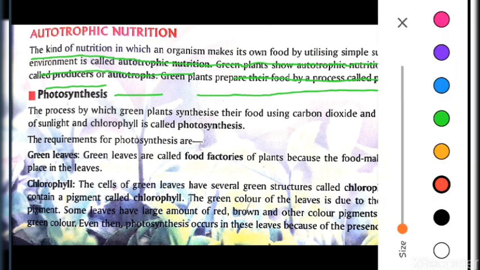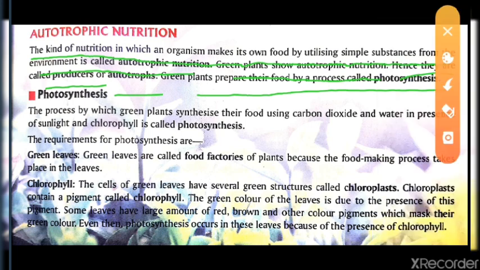So let's see here the kind of nutrition in which an organism makes its food by utilizing simple substances from the environment. That means the substances that the green plants are using to prepare the food, just like carbon dioxide, water, sunlight.